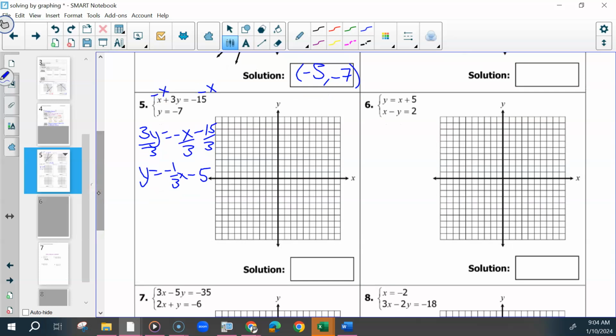Okay, so then you have your two equations, graph them both. For the y equals -7, you have to remember your slopes. Horizontal lines have 0 slope and are y equals, so this is going to be a horizontal line at -7. I'm going to graph the solved one first.